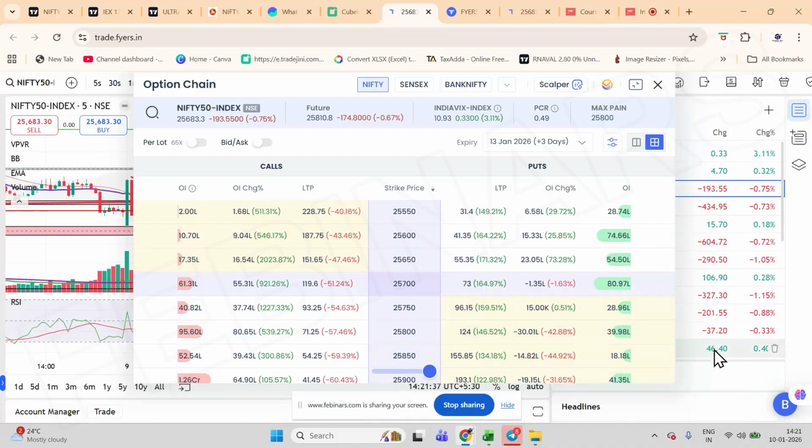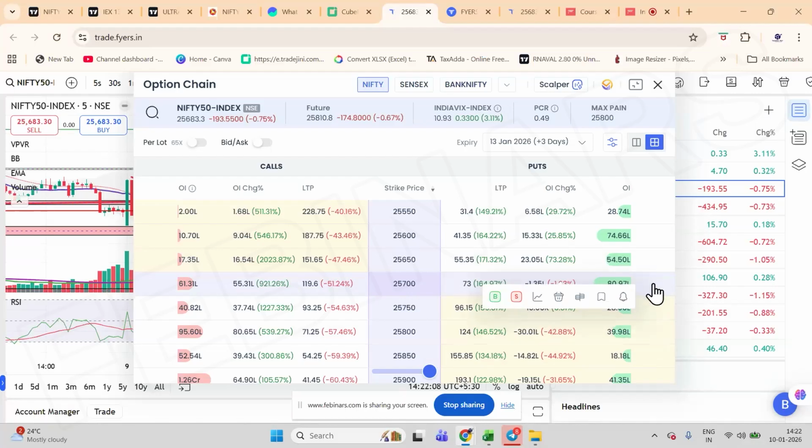Here we are seeing last traded price, how much the price has increased in the put, how much the last traded price of the call option has decreased. Like the 25,700 call option has decreased by 51.24%. The 25,700 put option has increased by 164.97%.